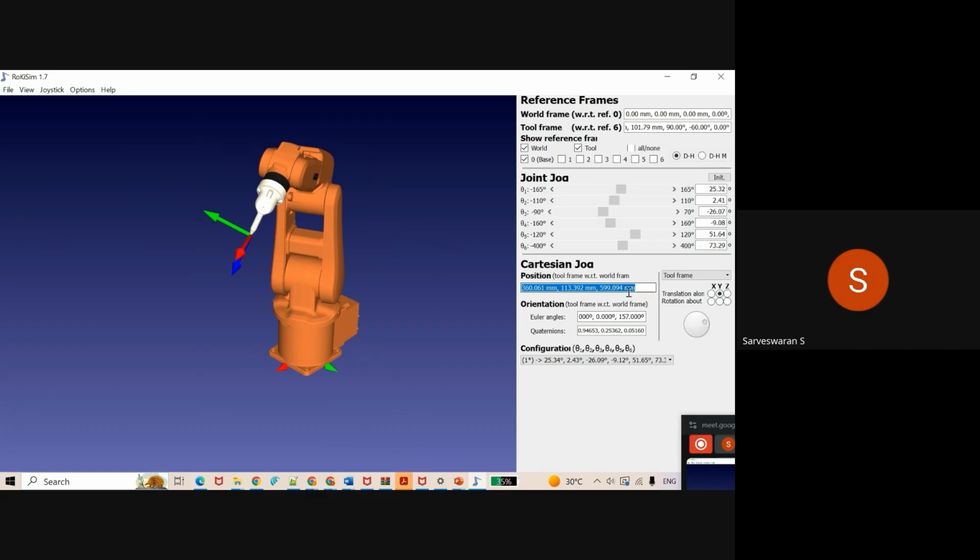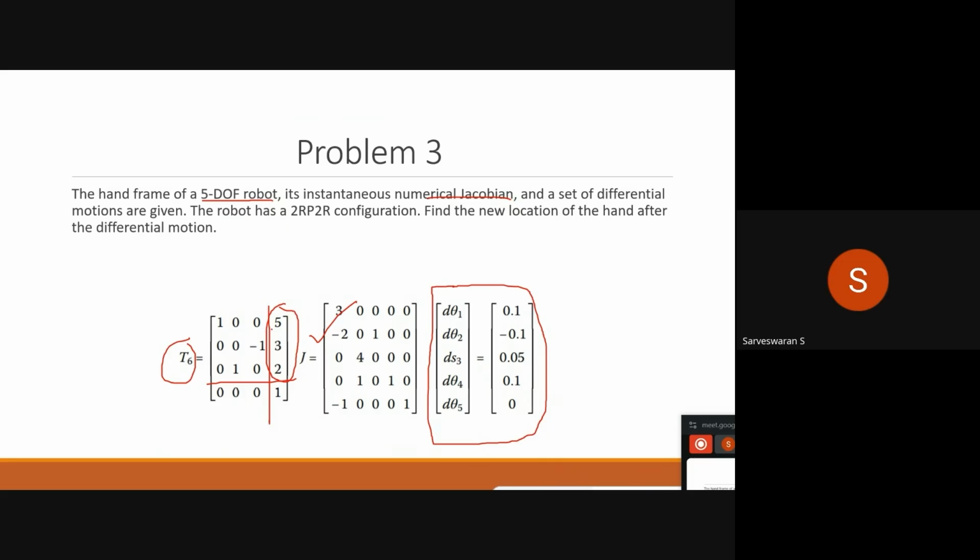And the next three is your orientation. And 532 will similarly tell you about your position, and these six terms will tell about the orientation.